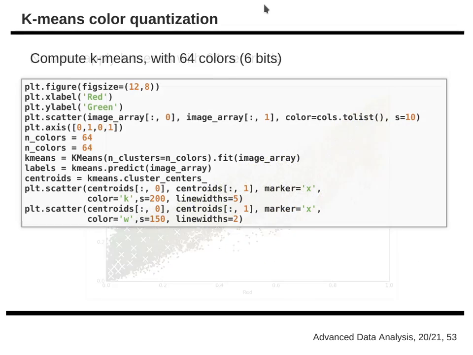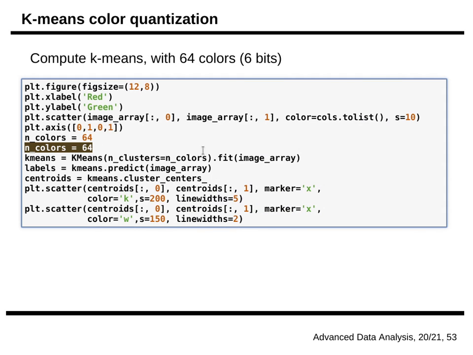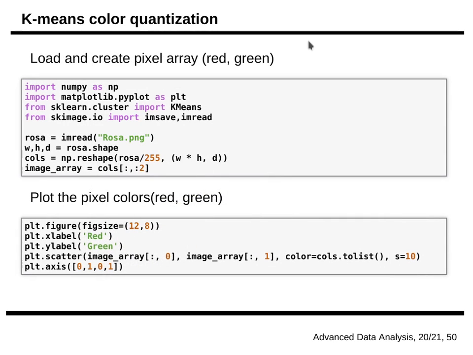We specify how many clusters we want. So in this case, we want 64 colors. So we specify 64 clusters, and we fit using the matrix that we created here for the image. So this is just the two columns, red and green.